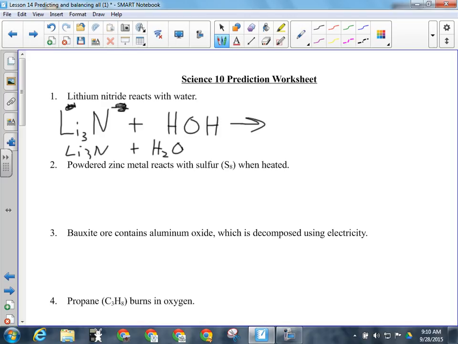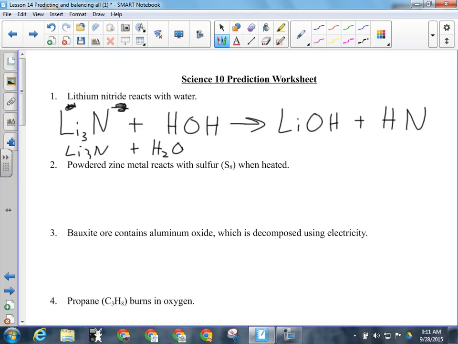All right, double replacement reaction, what do I do to predict the products? Switch the metals. What's acting as a metal here? Hydrogen. So hydrogen is going to end up with nitrogen. Lithium is going to end up with hydroxide. What do I have to do with those two compounds?